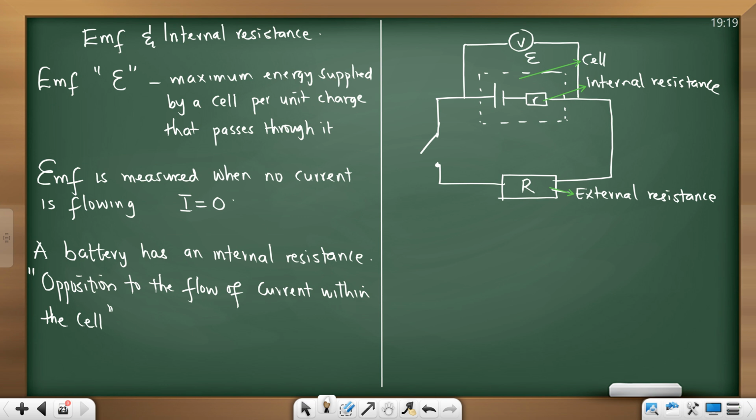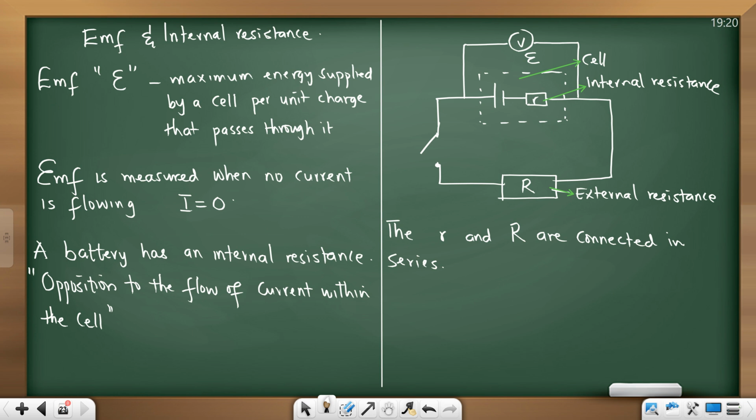The maximum energy that the battery can supply. The R, small r, and the R are connected in series. They are never connected in parallel. They are connected in series.